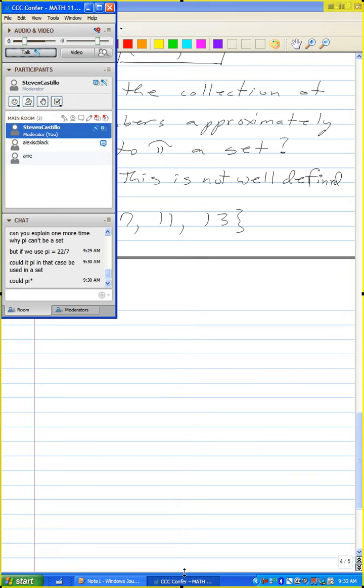Since I don't know what it means, I do not know what the members of the set are. If you just say the set containing the member pi, then pi is in the set. If you say the collection of objects approximately equal to pi, then no, it will not be a set because you don't know what approximately means. Okay?